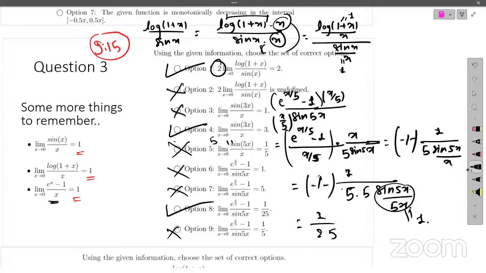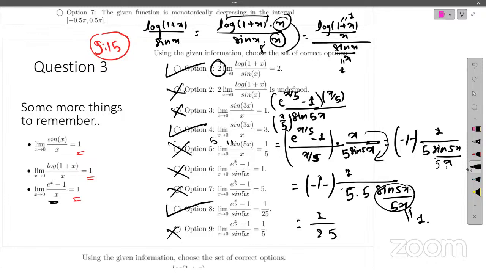The remaining term is x by 5 upon sine 5x. So this you can also write in this form, x by 5 upon sine 5x, right? But we know sine x upon x is equal to 1. Here 5x is there, so I have to maintain 5x upon 5x. For that, first I take this numerator x into the denominator of sine 5x. That means it's the same as 1 upon 5 times sine 5x by x.